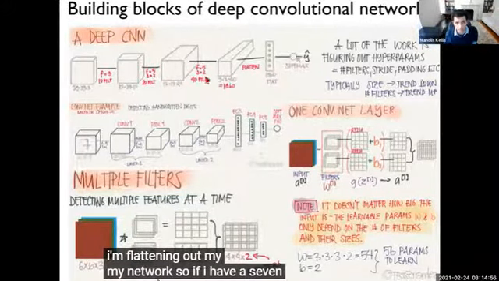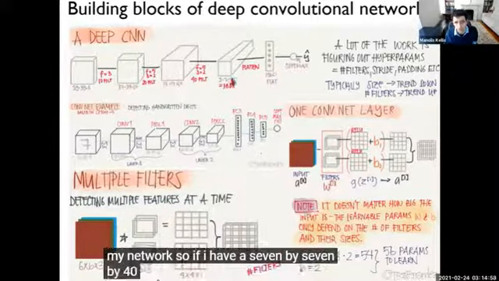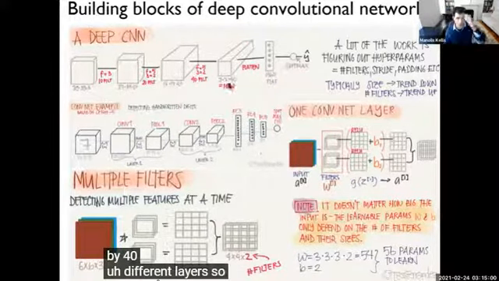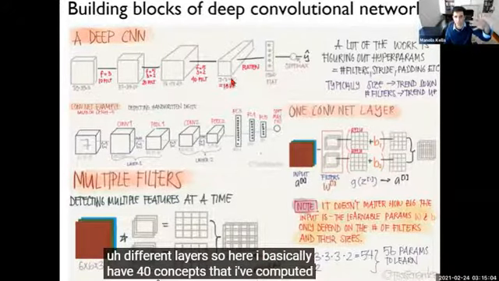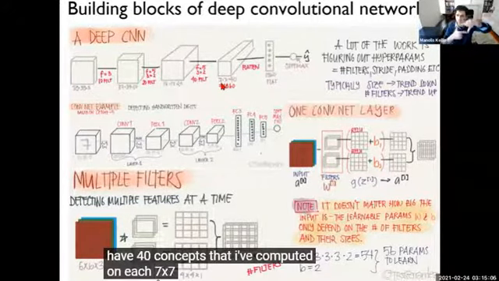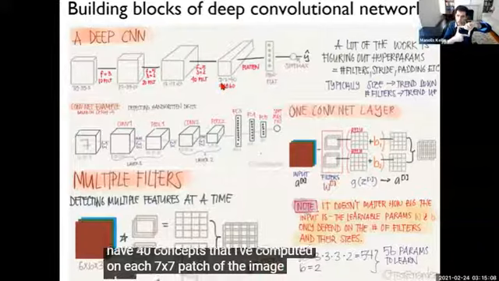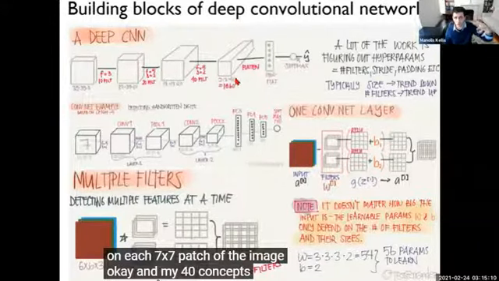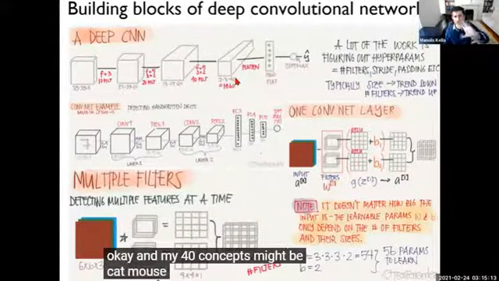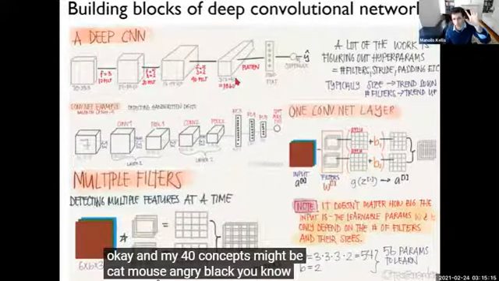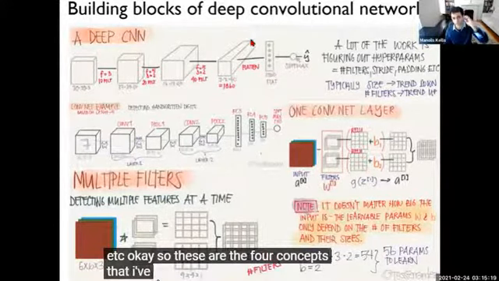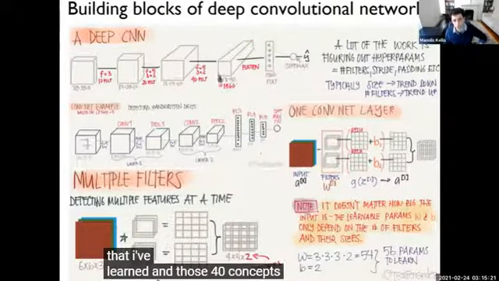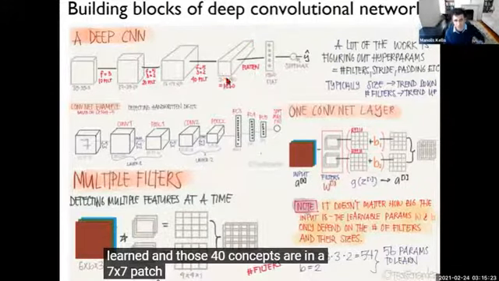So if I have a 7 by 7 by 40 volume, here I basically have 40 concepts that I've computed on each 7 by 7 patch of the image, okay? And my 40 concepts might be cat, mouse, angry, black, scary, etc. So these are the 40 concepts that I've learned, and those 40 concepts are in a 7 by 7 patch.